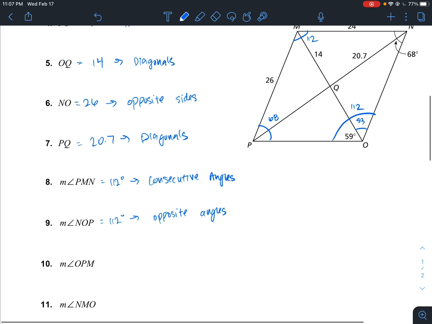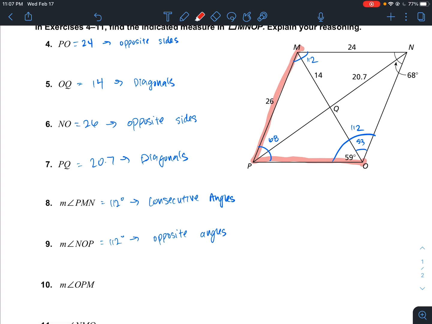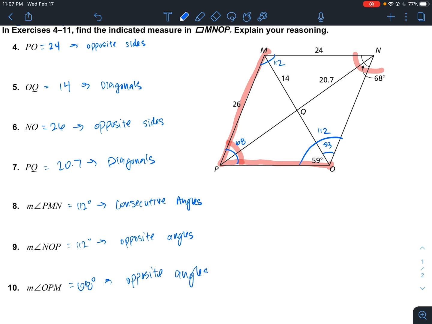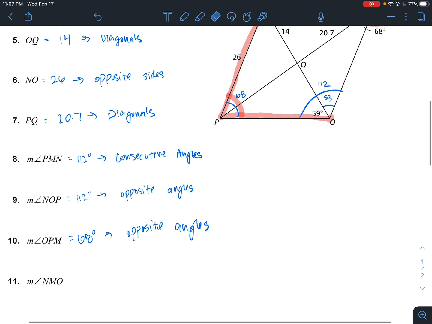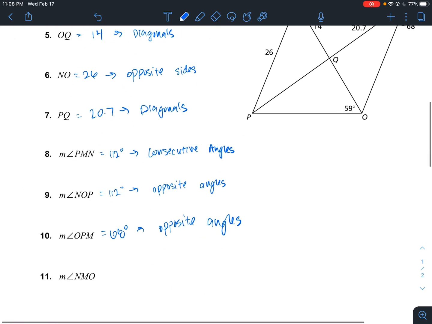Okay, now we want to find angle OPM. So here's O to P to M. So O to P to M, that's just going to be 68 because opposite angles are congruent. So by opposite angles. And last but not least, we want to find angle NMO.